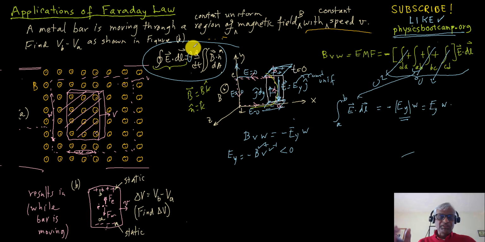Lenz's law is some kind of trick you can play that sometimes helps you solve problems and come up with another principle, a kind of inertia of change of flux. Magnetic flux has some inertia, and if you try to change it, it opposes the change.